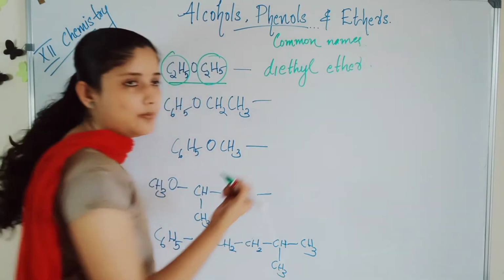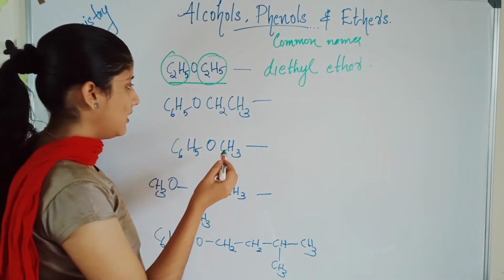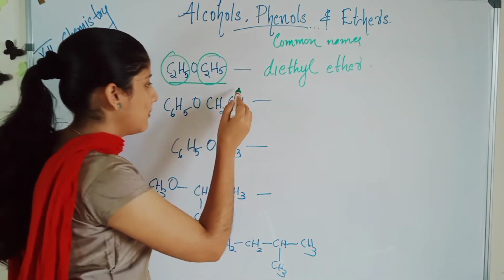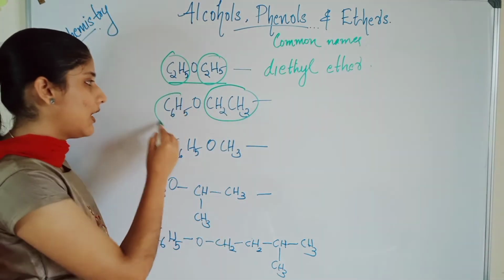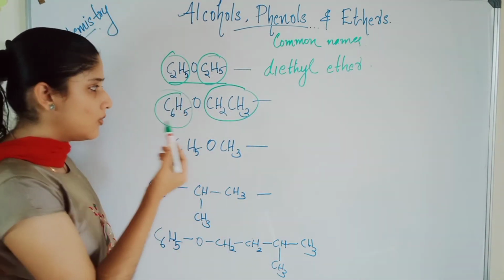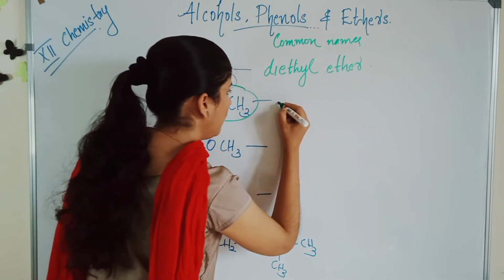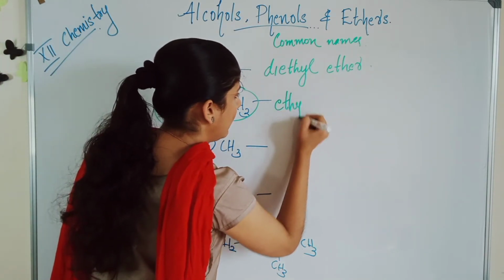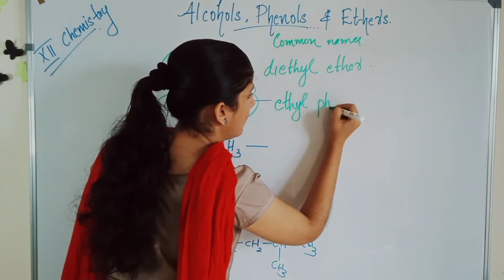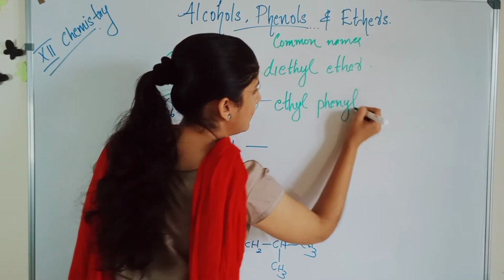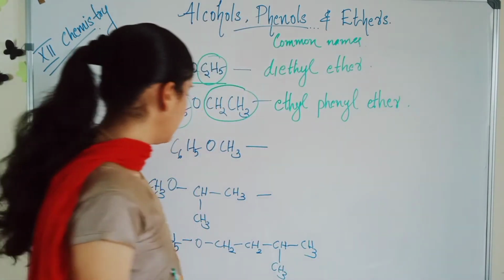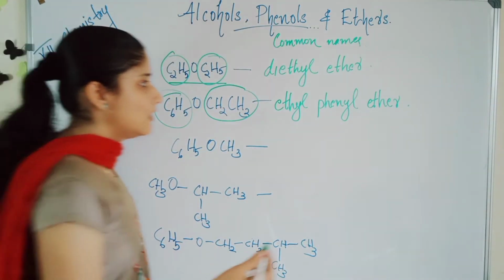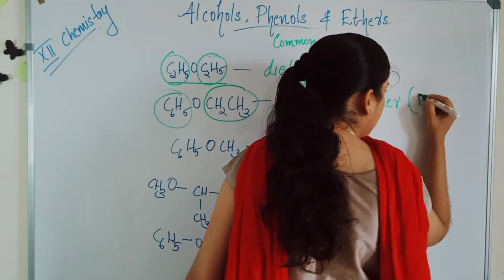Okay. Now look here. There is an ethyl group, CH2 CH3, and also a phenyl group. Okay, what we will call? Ethyl phenyl ether.